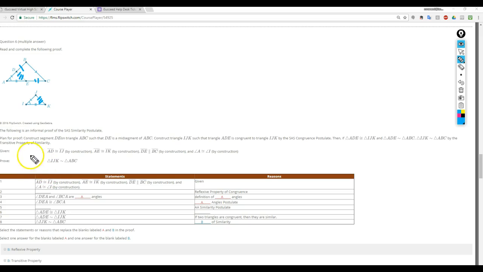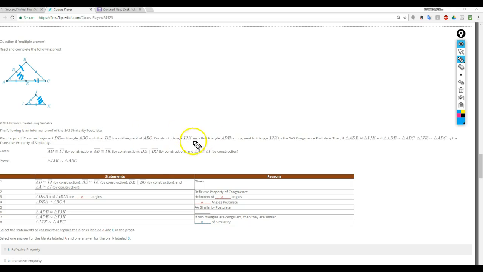Okay, given that segment AD is congruent to segment IJ by construction, segment AE is congruent to segment IK by construction, DE is parallel to segment BC by construction because it was the midsegment, and angle A is congruent to angle I by construction. Prove that triangle IJK is similar to triangle ABC.